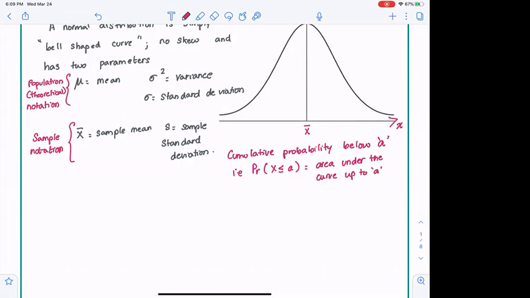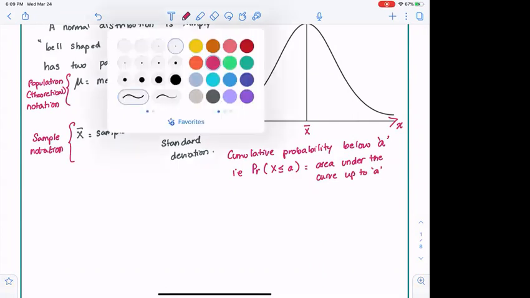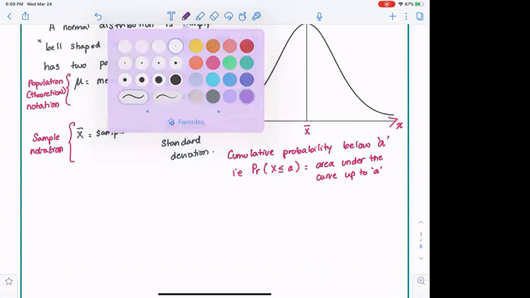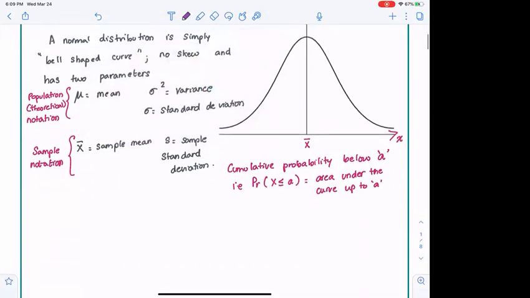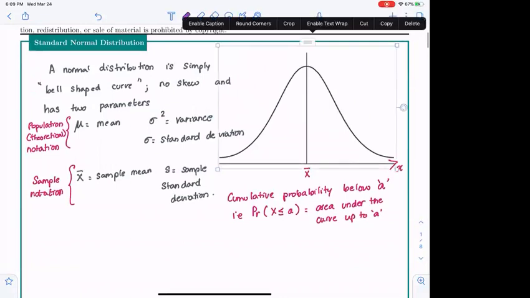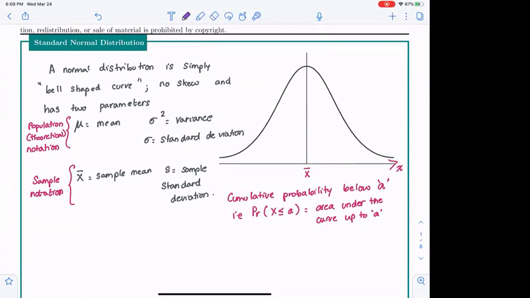What do we mean by that? So I'm going to arbitrarily pick a value, a. Let's just say that a is right over there.